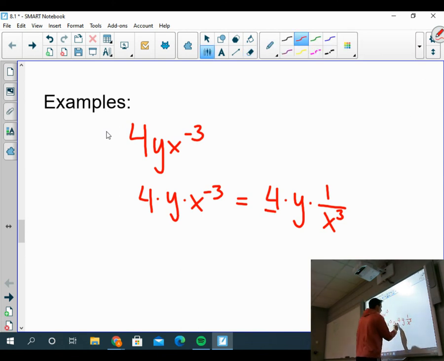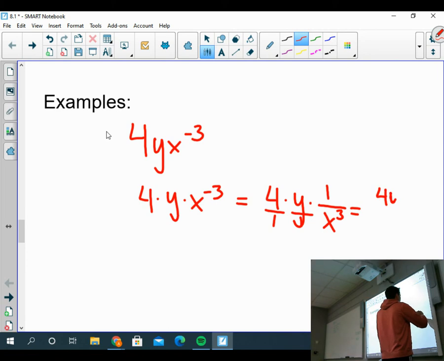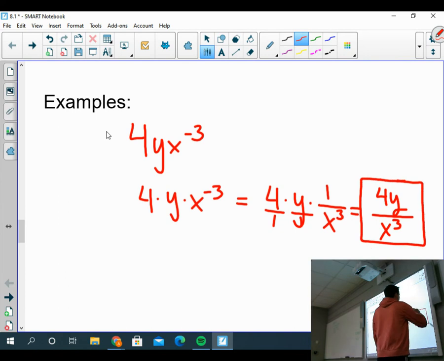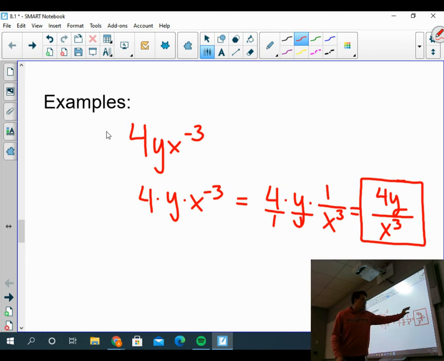Now, 4 and the y don't have denominators, but we could write them over 1. And we know with multiplying fractions that we multiply numerators by numerators, denominators by denominators. So 4 times y times 1 leaves me with 4y. And 1 times x to the third leaves me with x to the third. And so to simplify 4y times x to the negative third, I am really going to just end up with 4y over x to the third.